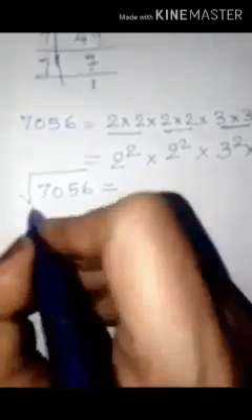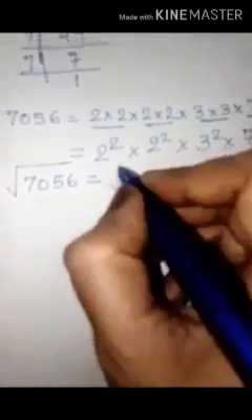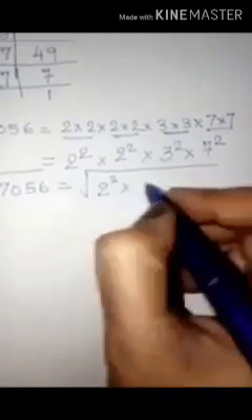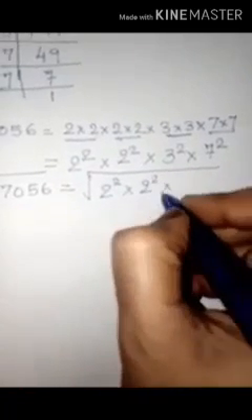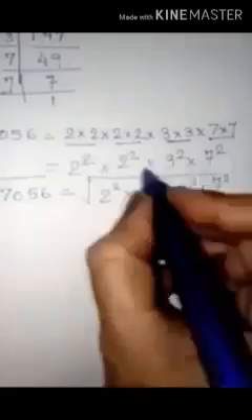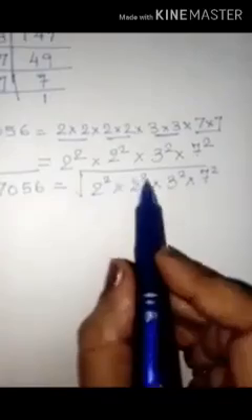So let us put it under the symbol of square root, 7056. Whatever we do on this side of equal to, we have to do on the other side as well. So we'll put these numbers also under the square root sign: 2 square, 2 square, 3 square and 7 square. I've put them under the square root sign. Now remember, square root and square are opposite to each other, so they cancel each other.